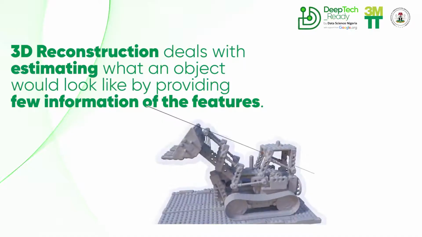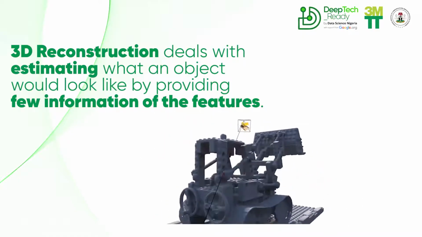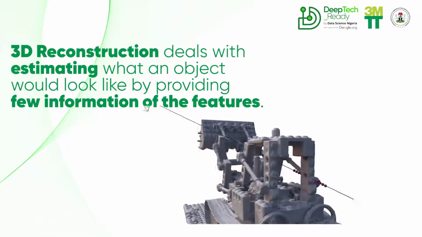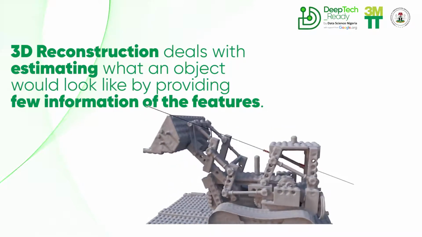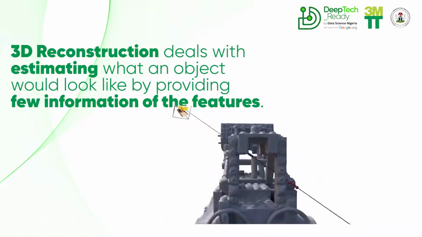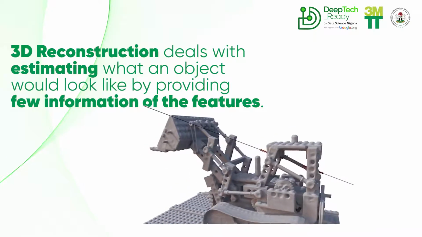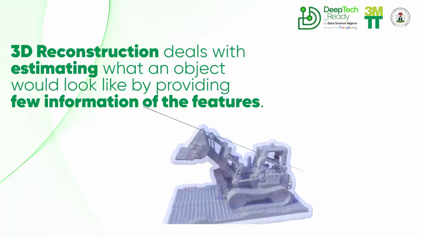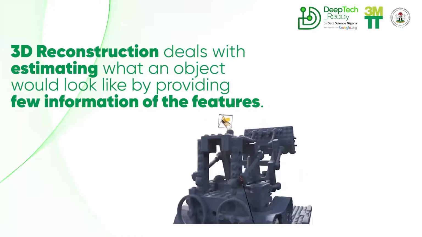It is a pretty advanced concept of computer vision that deals with estimating what an object would look like by providing few information of the feature, that is, the views of what the object looks like, and thereby reconstructing it. This alone has a lot of research application and engineering, and it's more or less like a field on its own under computer vision.